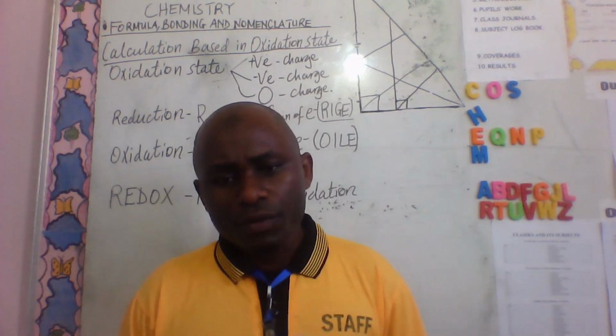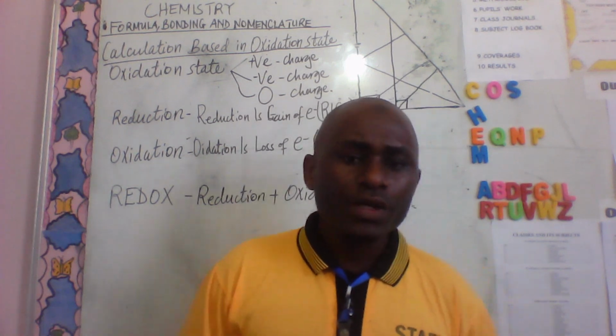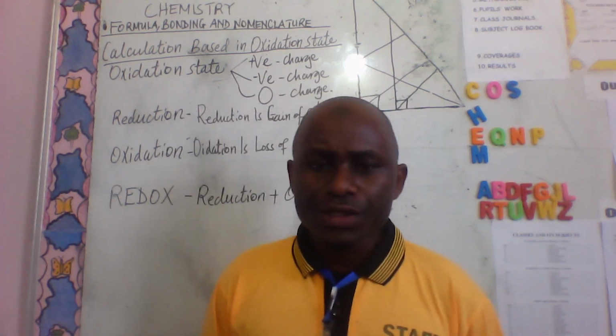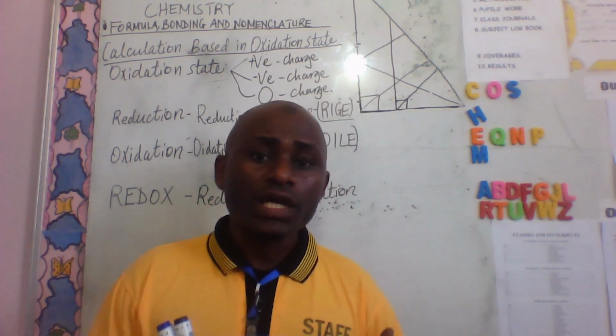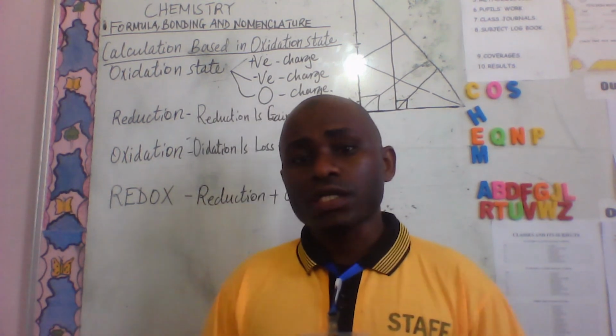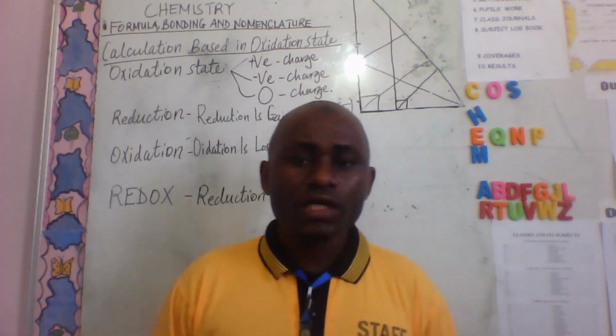When I am talking about a charged compound, meaning either positive or negative, we are talking about a compound which needs to attain a stable state configuration by either gaining electrons, losing electrons, or sharing electrons.